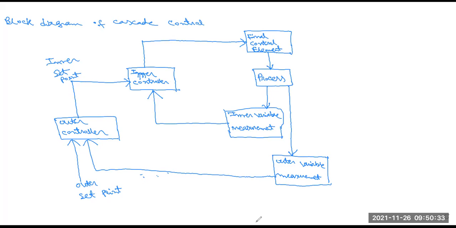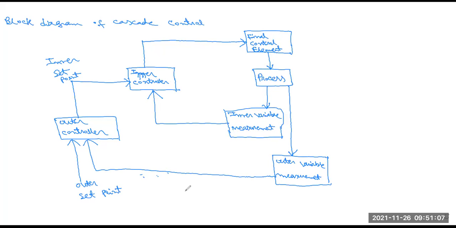So these are basically the cascade system. Here you can see each and every block is in cascaded form. This process is controlled overall using this final control element. This final control element receives the signal from the controller part, that is the inner controller or primary controller, as well as the outer controller part, which is controlled by each and every measurement variable block.